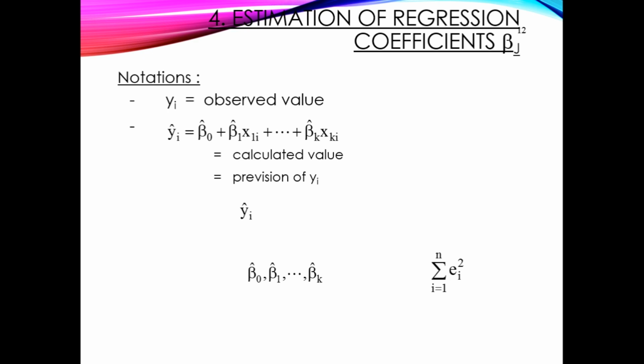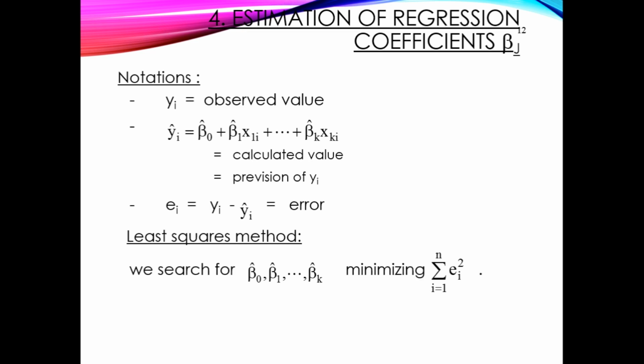The difference between the observed value and the estimated value is called the error term, and the least square method is the appropriate manner of estimating beta 0 to beta k in our multilinear regression model. The aim of the least square method is to find beta 0, beta 1 to beta k that minimize the sum of the square of error.